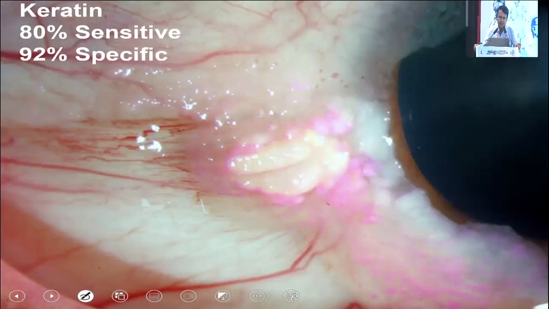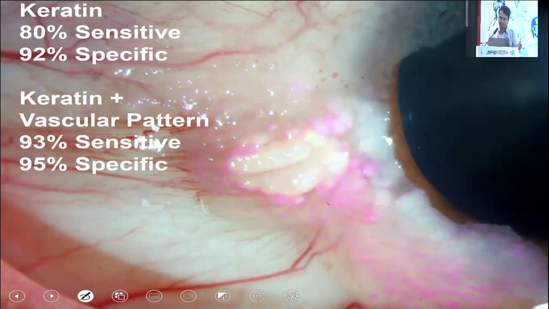Now to sum it up, the morphological features: if you have a patient with a conjunctival tumor and it has keratin, then that has 80% sensitivity and 92% specificity for the diagnosis of OSSN. Apart from keratin, if it has an abnormal vascular pattern, feeder vessels and intrinsic vascularity, then that increases the sensitivity and specificity quite significantly.